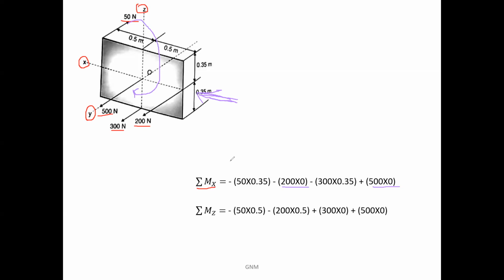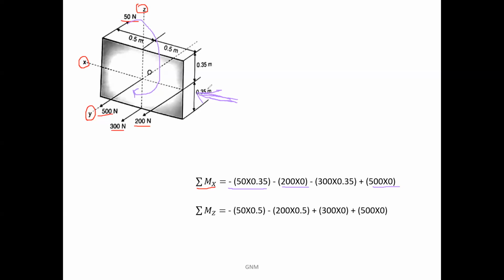So, moment of this 50 Newton is clockwise. The distance of the 50 Newton force or its line of action from the x-axis, this vertical distance for the rectangular plate, is 0.35 meter. So 50 into 0.35 will give me the magnitude of moment. It is clockwise. Next is this 300 Newton force. 300 is the magnitude of force.